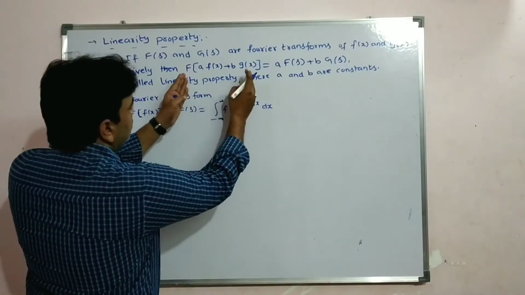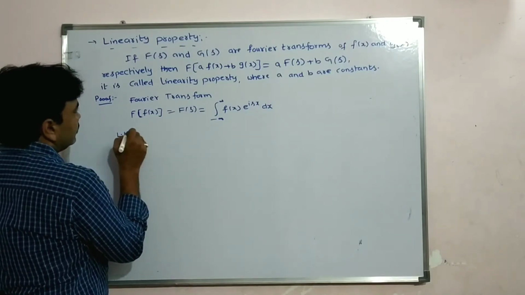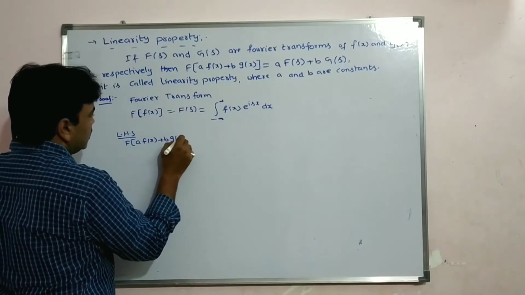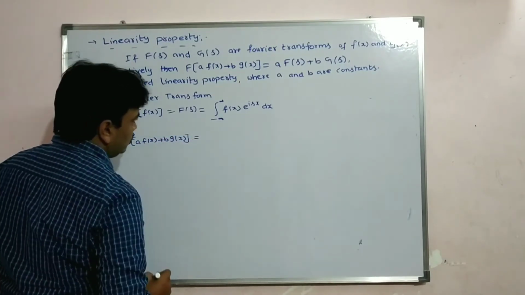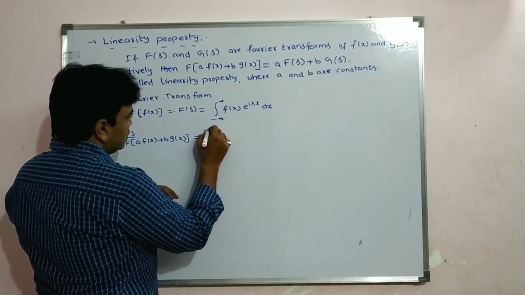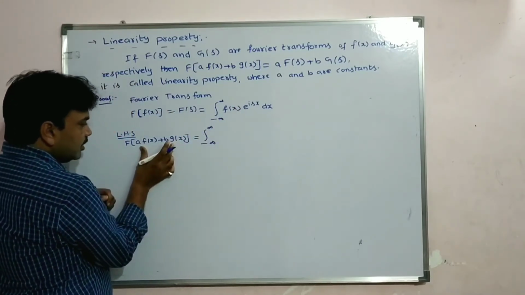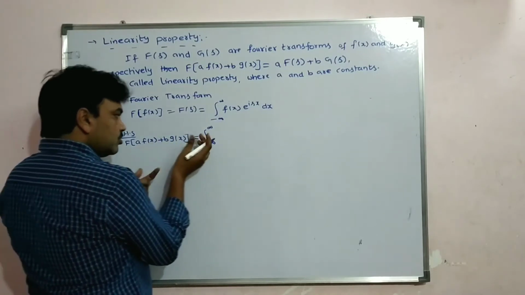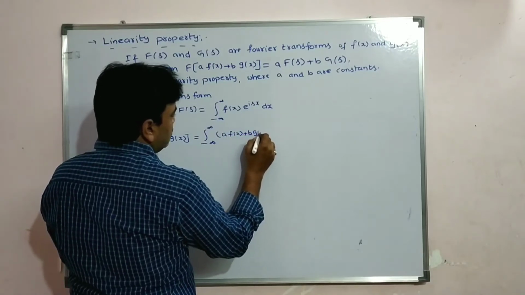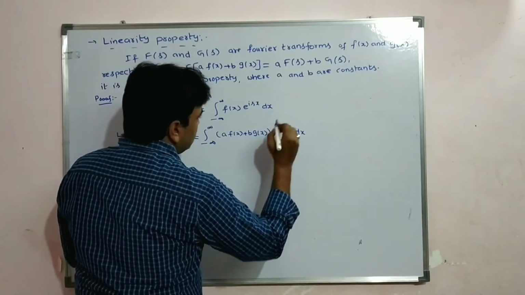Now, the left hand side is the Fourier transform of a f(x) plus b g(x). By the definition, it equals the integral from minus infinity to infinity of a f(x) plus b g(x) into e power isx dx.